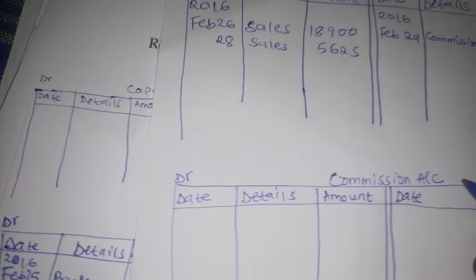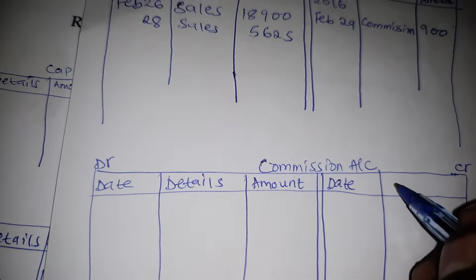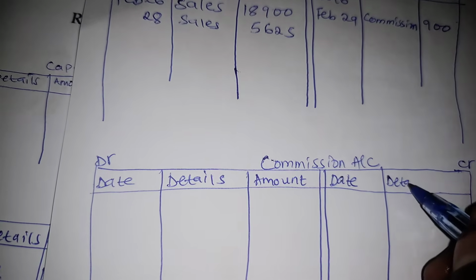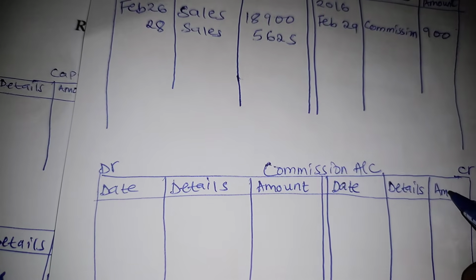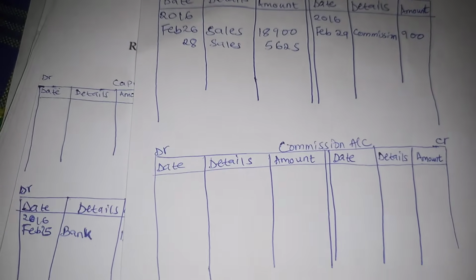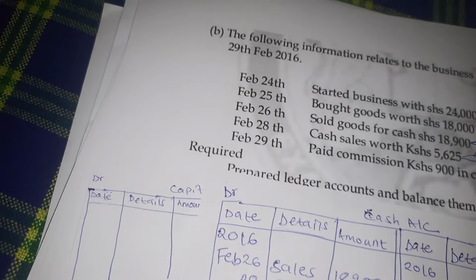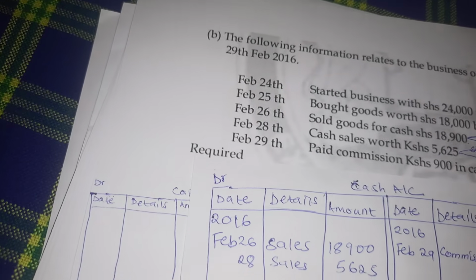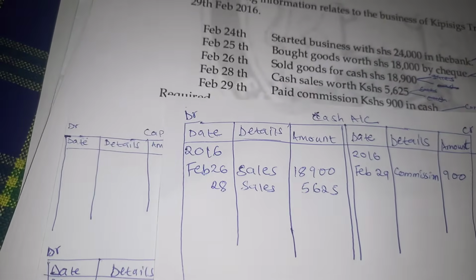This commission is an expense, so we are supposed to debit that one.